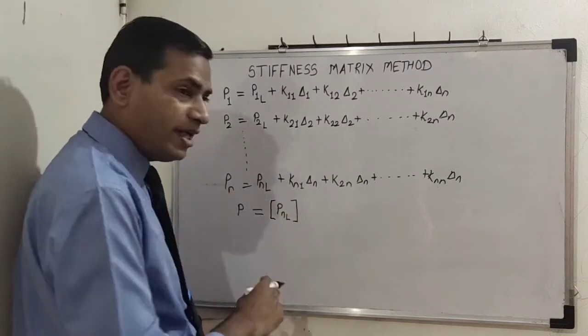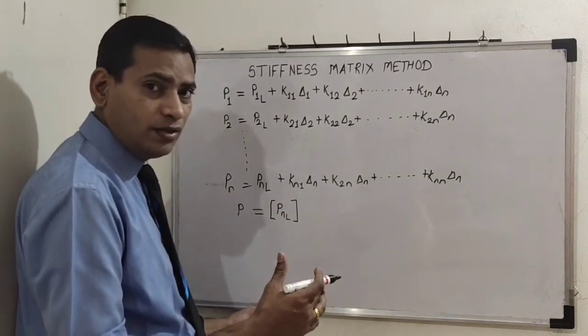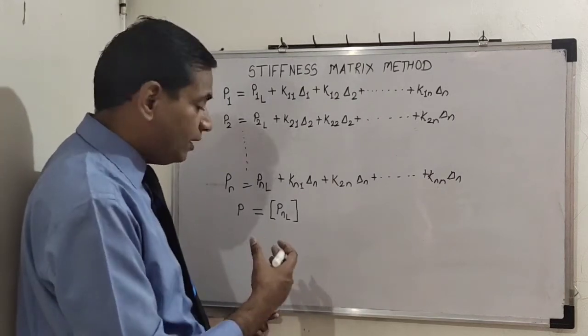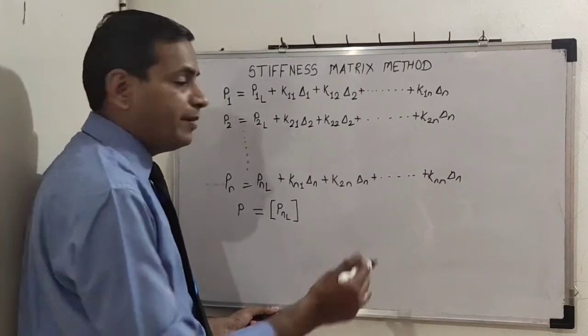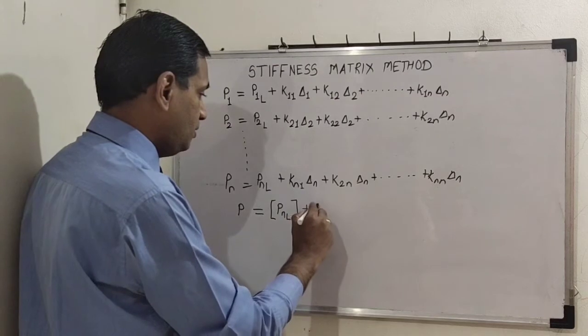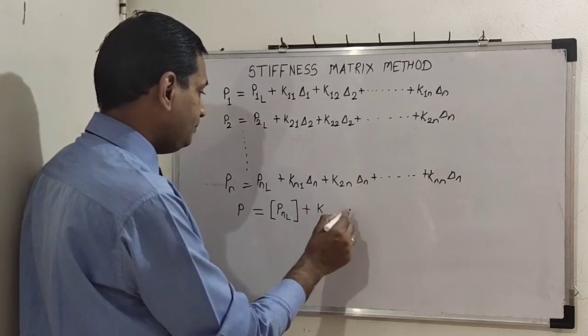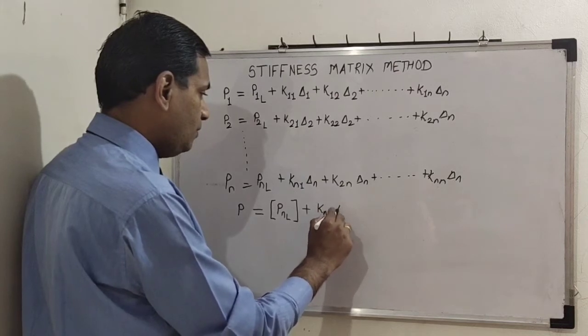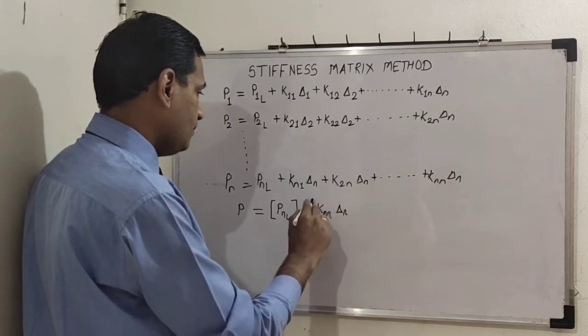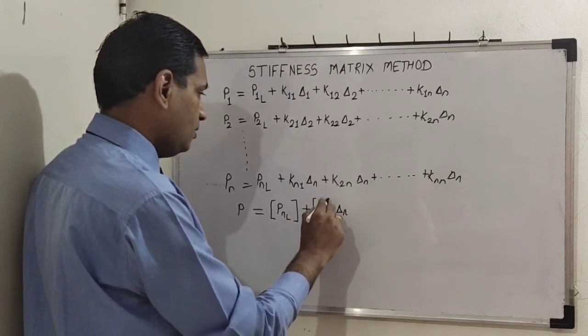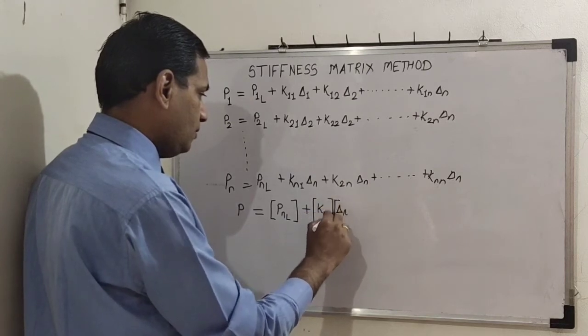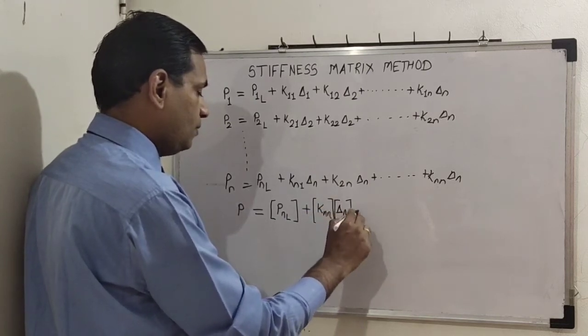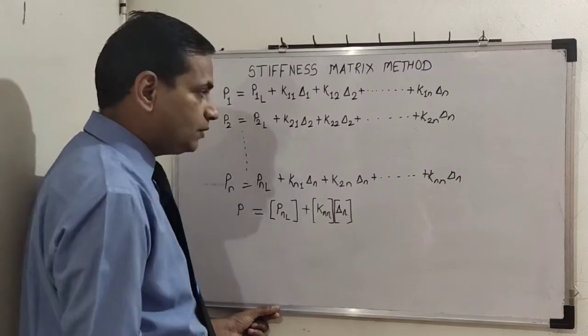So this force can be either axial force if it is truss, or it can be a moment if it is a flexural member, plus Kn1 delta 1 and so on up to Knn into delta n. So that's it.